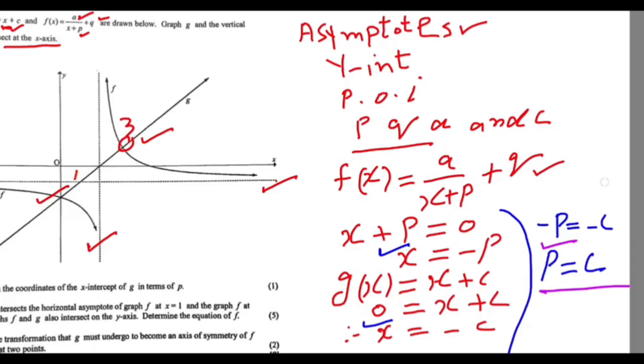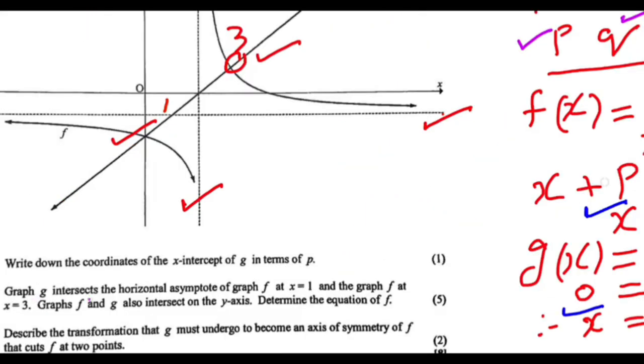Now, p we have, because now we need to look at the q here. We're going to utilize the horizontal asymptote, because we are busy with asymptotes. Because it says graph g intersects the horizontal asymptote of graph of f at x equal to 1.